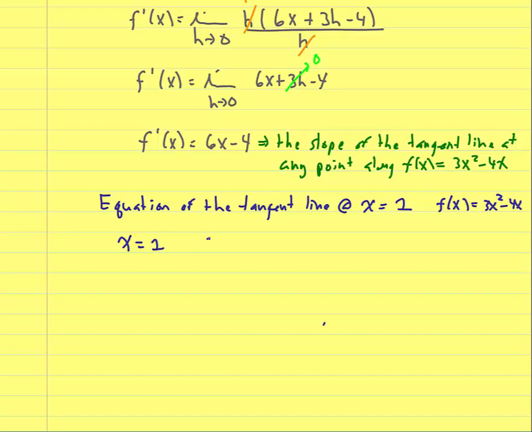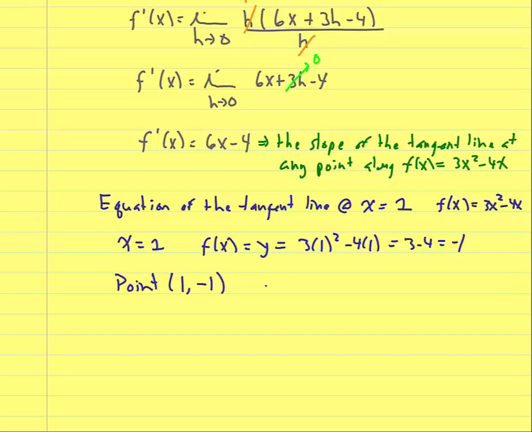F of x, which is our y value essentially, is 3 times 1 squared minus 4 times 1. So this is 3 minus 4, or negative 1. So my point that I'm working with is at 1, negative 1.